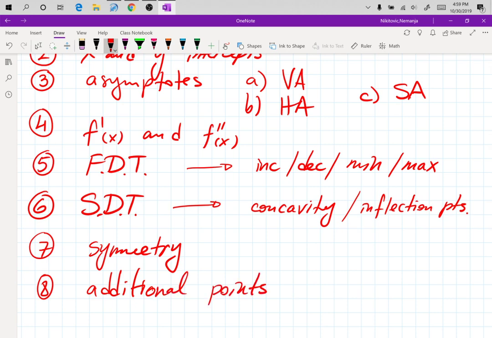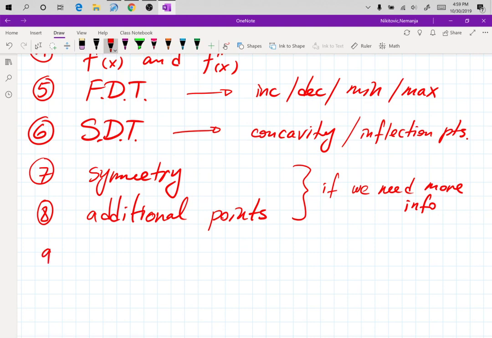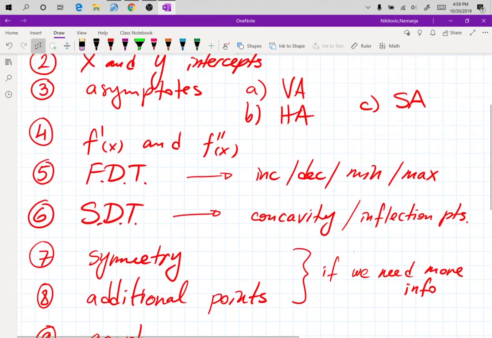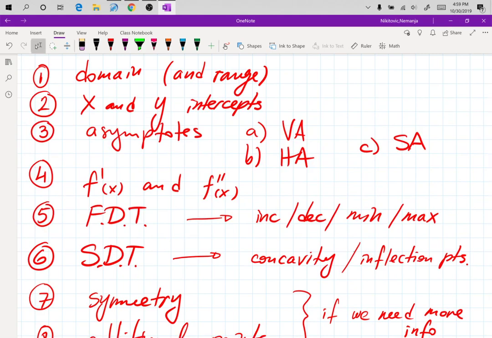Now, all of this, if we need more info, generally you don't need them. And we'll just say graph. Now you will go, hold on, you said that we have 13 calculations. Yeah, but I grouped 3 asymptotes in the same bullet point, x and a y intercept in the same bullet point. So if you spread this all out and give each one, it will be 13 different things.